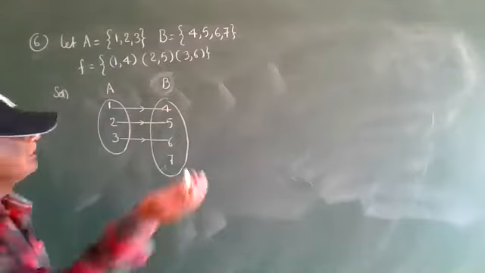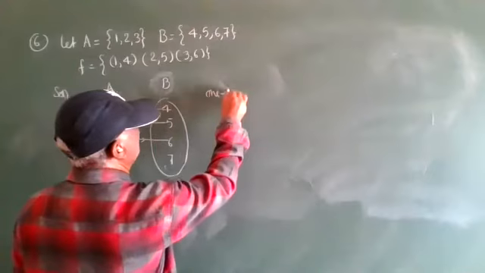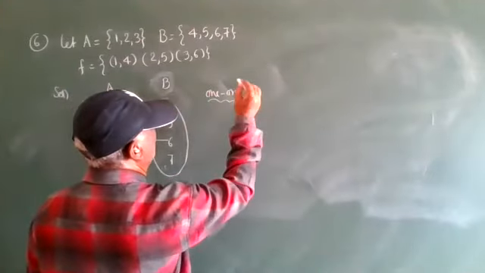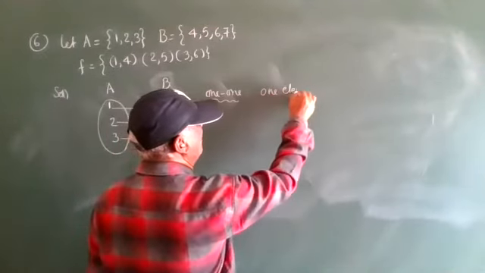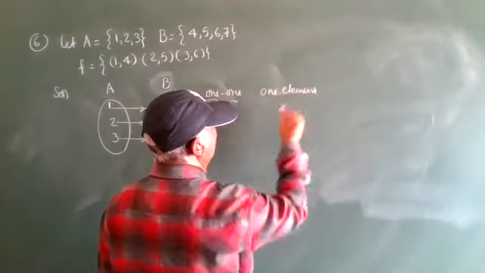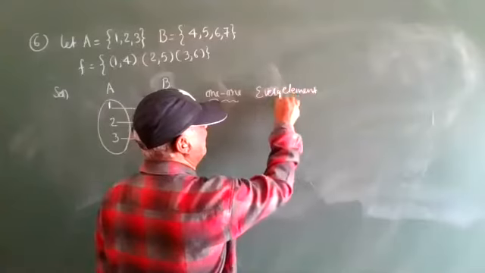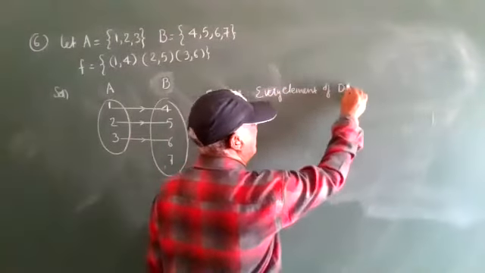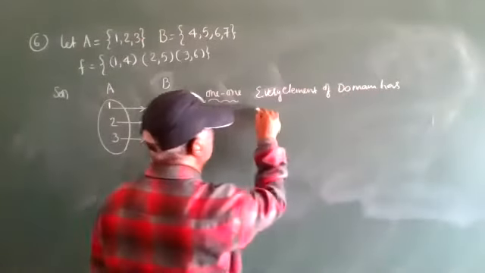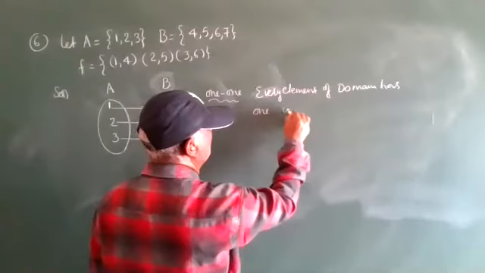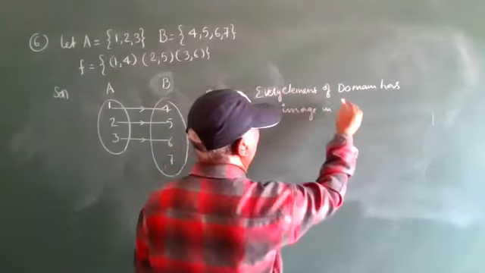Simply write down: it is one-one. Every element of the domain has one image in the codomain.